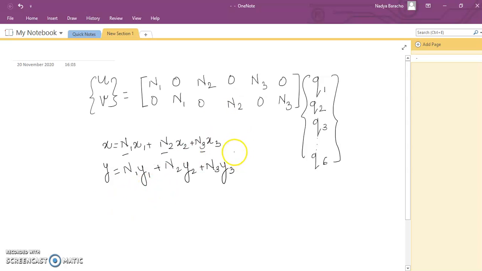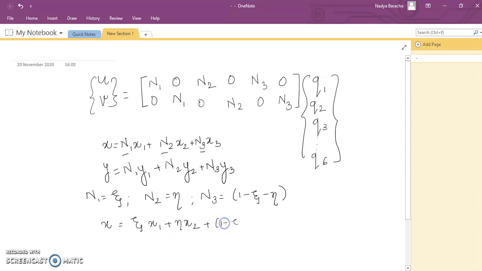Now, using these equations, if we replace n1 by zeta, n2 by eta, and n3 by 1 minus zeta minus eta, we will get x equals zeta x1 plus eta x2 plus (1 minus zeta minus eta) x3.